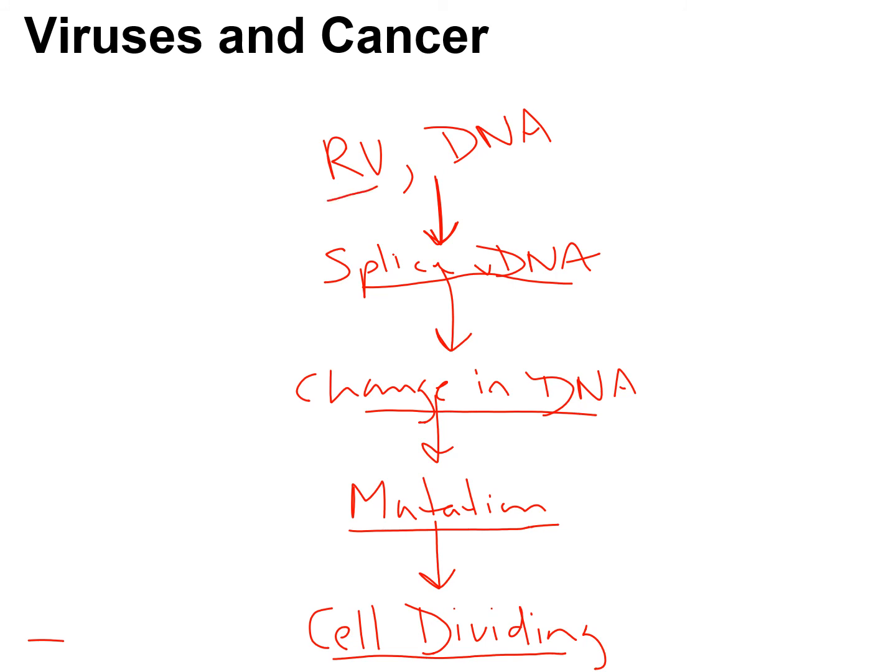So that is associated with the retroviruses and the DNA viruses, because they do at some point have viral DNA which can mutate the DNA in the host chromosome, which can lead to cancer.